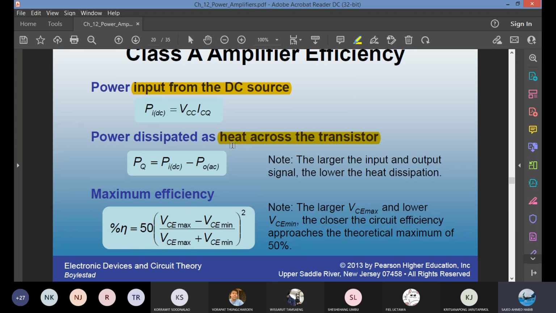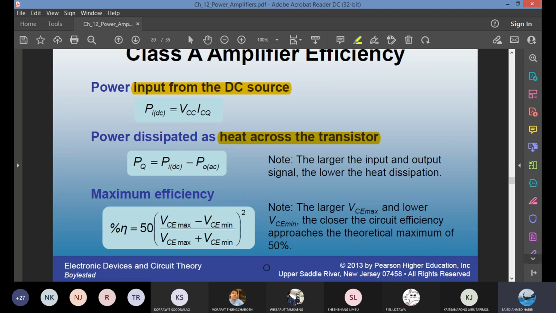What is the efficiency of this one? I just want to calculate. So VC max was 18.7? In the book solution, how much was it? 18.3. And then if I take 18.3 minus 1.7 divided by 18.3 plus 1.7, multiply that by 50, 41.5.